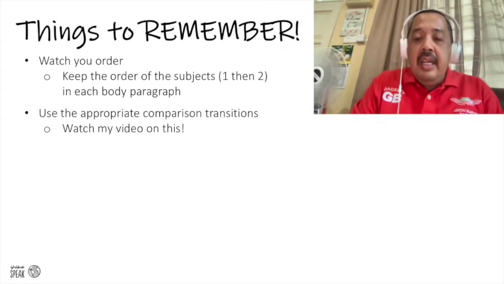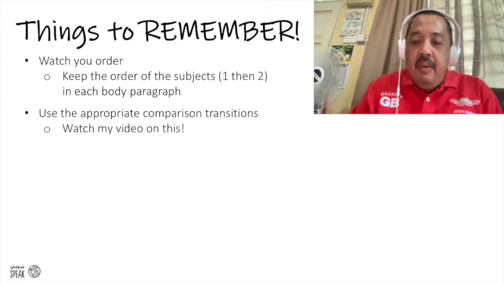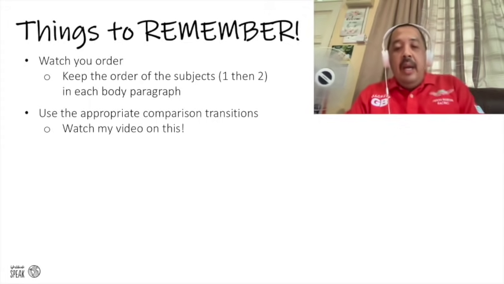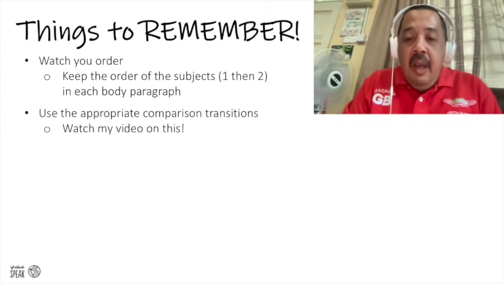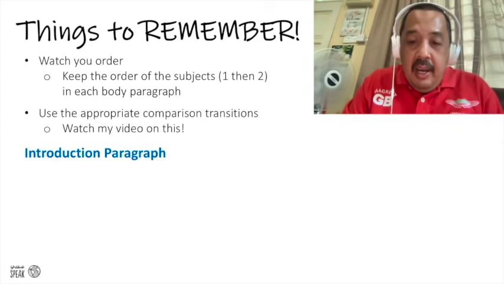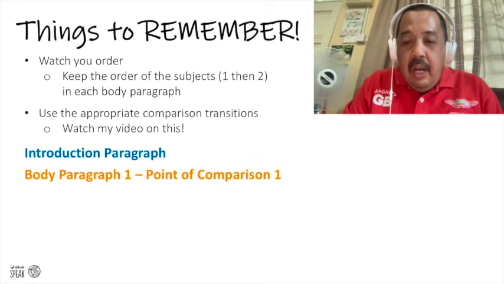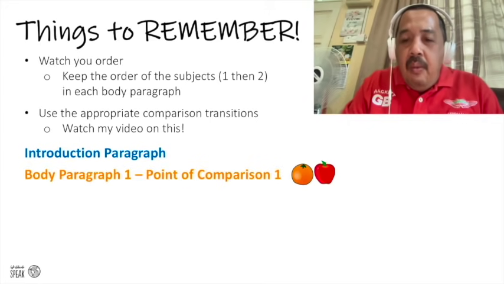And lastly, before we close, let us review the point by point method for a comparison and contrast essay. So we have our introduction paragraph, we have body paragraph 1 with the point of comparison 1, and we make sure to follow the correct order.